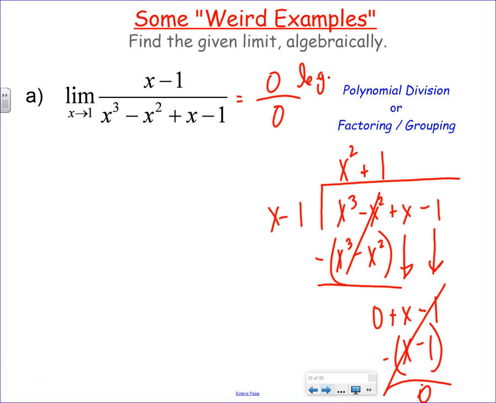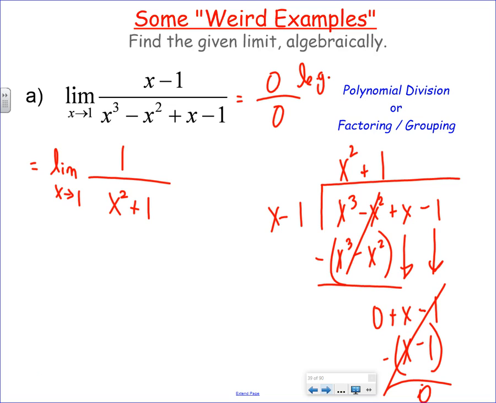What am I going to do with that answer? I'm going to say that's how many times the top went into the bottom. I'm not saying this equals x squared plus 1 because it doesn't. It's the reciprocal of x squared plus 1.